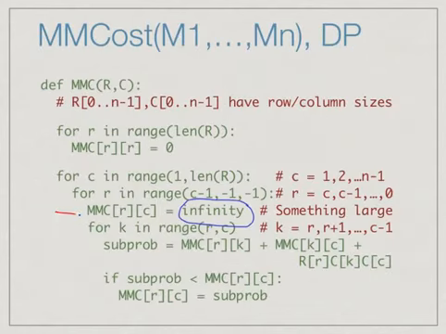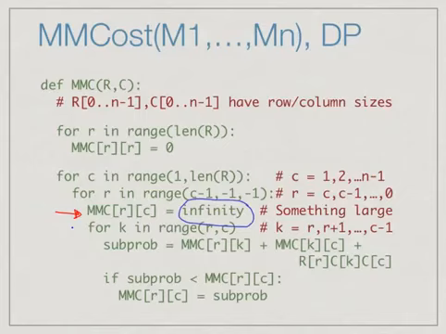When we start the loop, we assume that the value for RC is actually infinity. Now what is infinity? Well, you can take, for instance, the product of all the dimensions that appear in this problem. You know that the total dimension will not be more than that. So you can take the product of all the dimensions, or a very large number. It doesn't matter, something relative to what your problem has. So we have not defined it in the code. But the important thing is that you're computing a minimum.